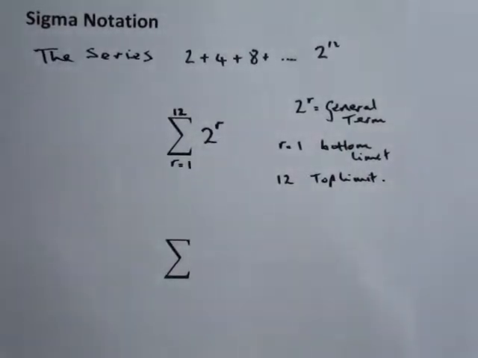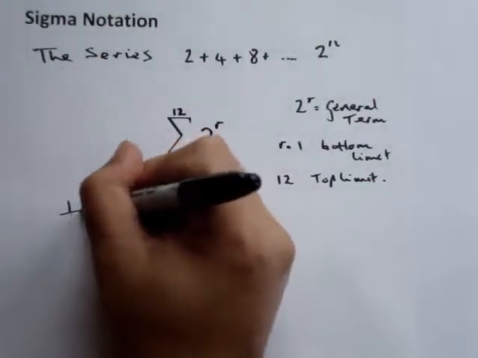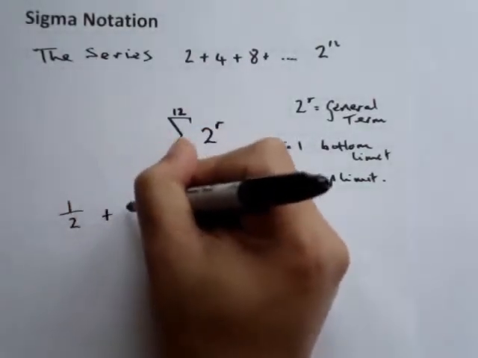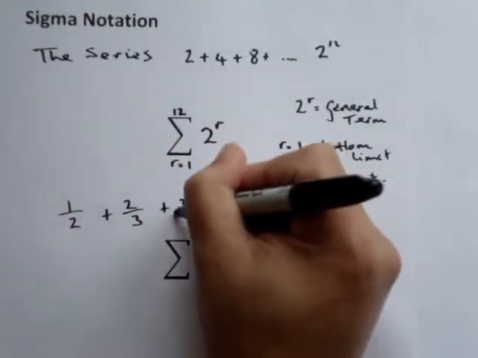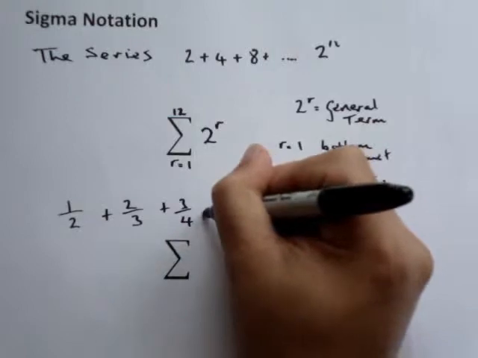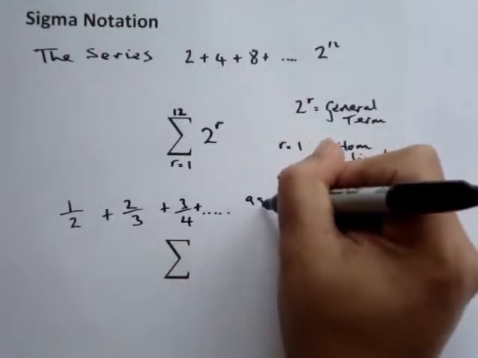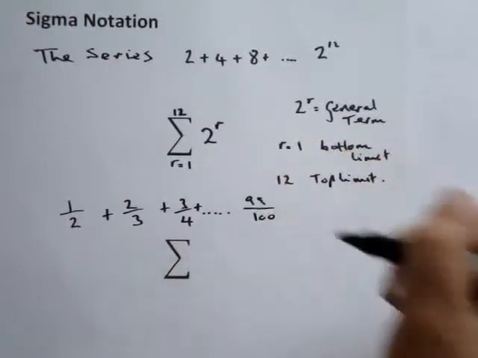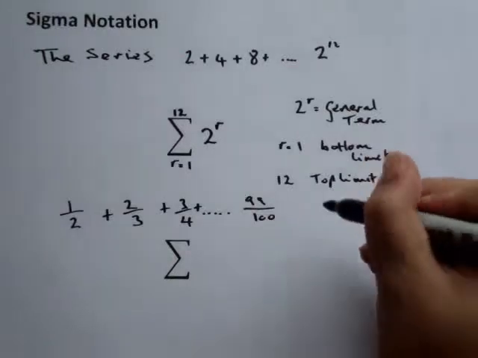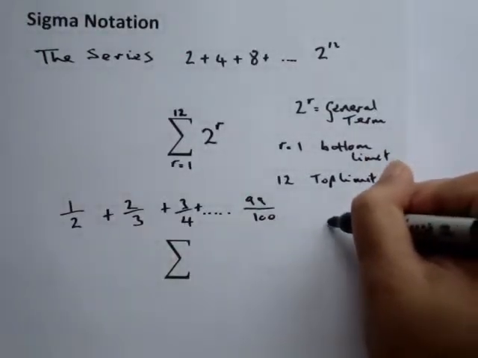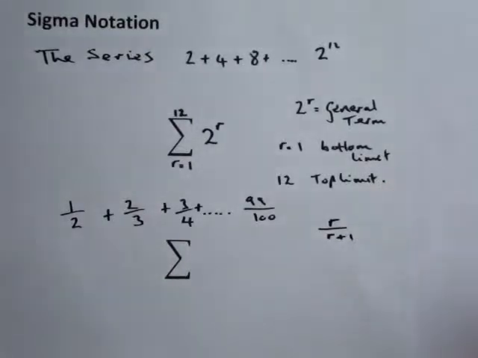Okay, so let's have a look at a half plus 2/3 plus 3/4, and that would continue until we get to 99 over 100. So our general term would be r over r plus 1.